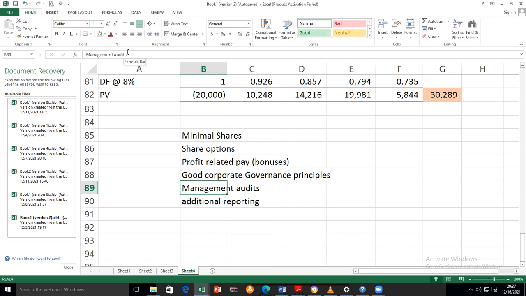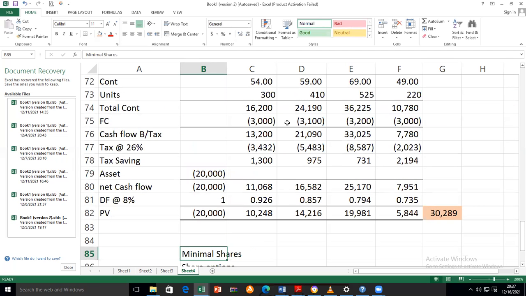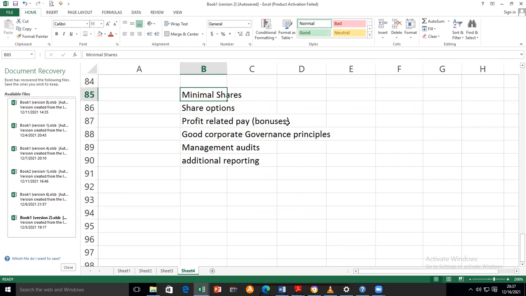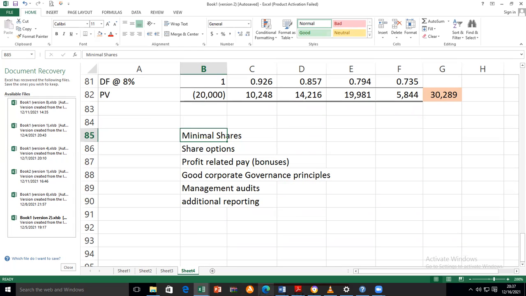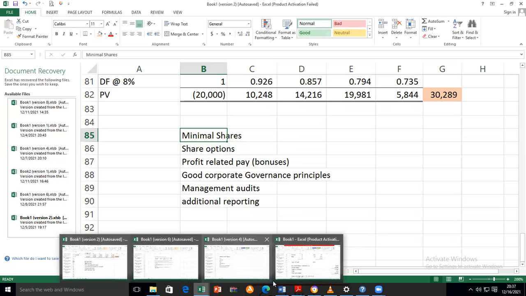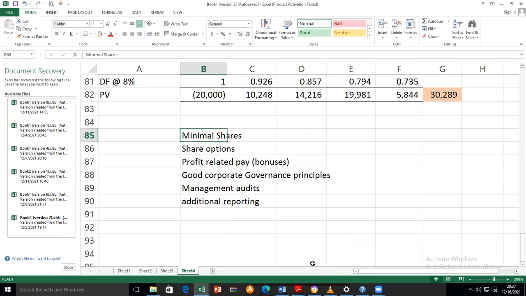From time to time, try to engage a consultant to assess the management effectiveness. Ask them to give additional reports.